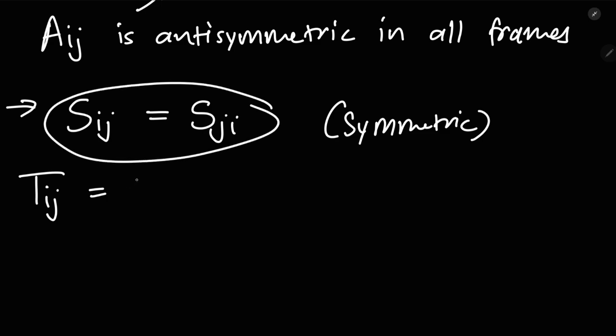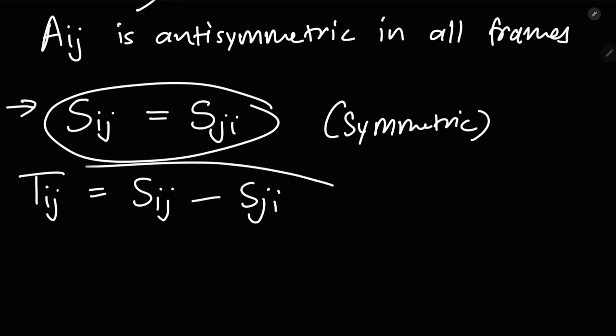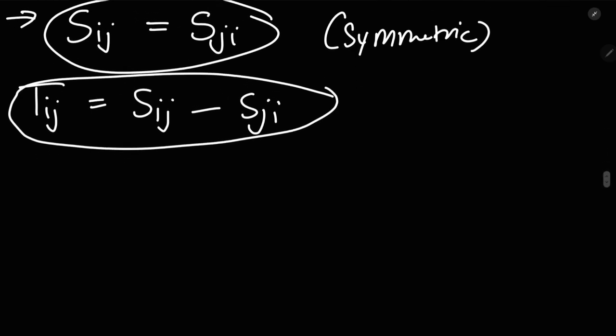So Tij will be 0 if it is equal to Sij minus Sji. So you take this tensor and show that it remains 0 in the S prime frame as well, given that S is symmetric. So this is how you will prove that symmetric tensors remain symmetric in all frames.